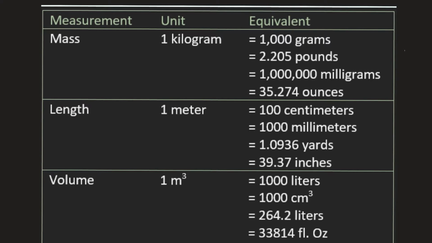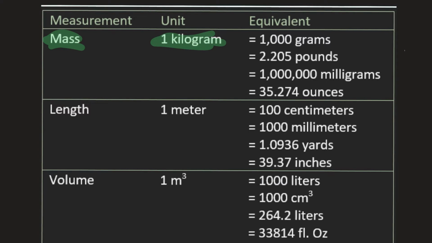Weight is a measurement of the amount of gravitational pull that a large body, such as a planet or moon, exerts on an object. The amount of matter of the object is completely independent of its location. It doesn't matter where it may be in the universe, the mass of that particular substance will remain the same.